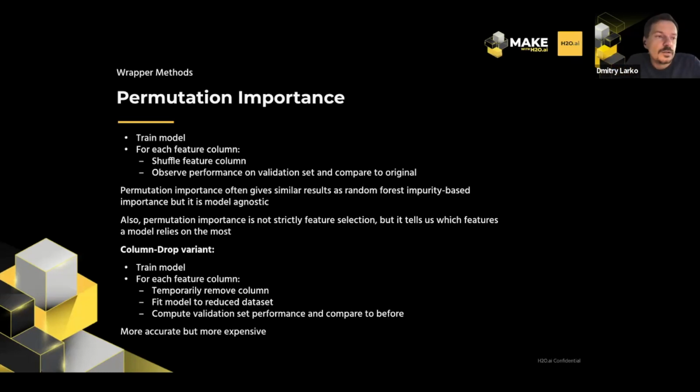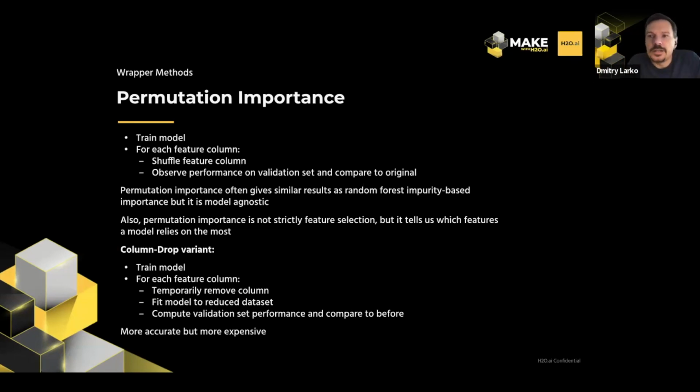Taking this validation data set, you measure the performance of your model on it, and then one by one, you shuffle a single feature, put it into the model, and measure the score again. Now you can compare the baseline score on the original unshuffled validation data set with the new score on the shuffled data.